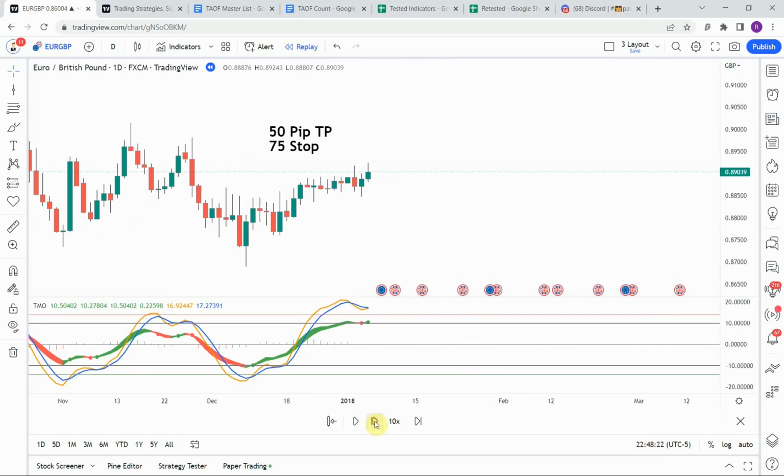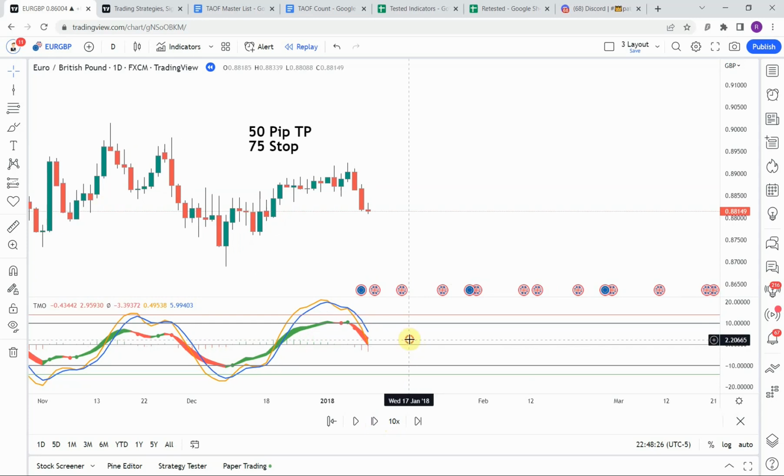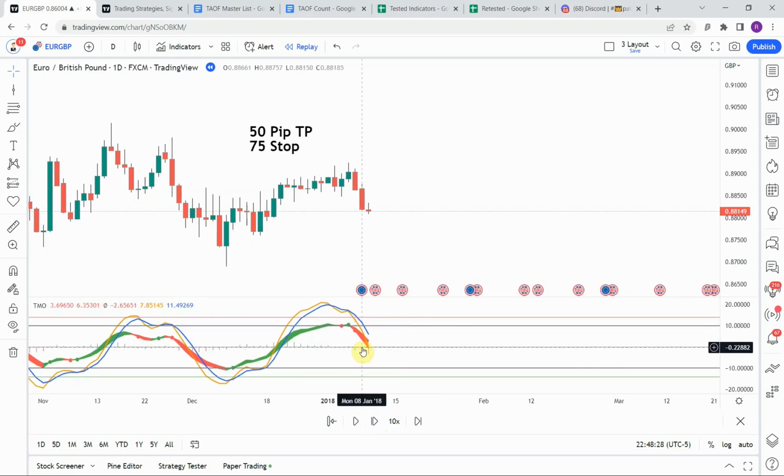Now we're going to play it forward just a little bit. And you can see right there, we get the cross of the ribbon back down into the middle zone, out of that overbought area.